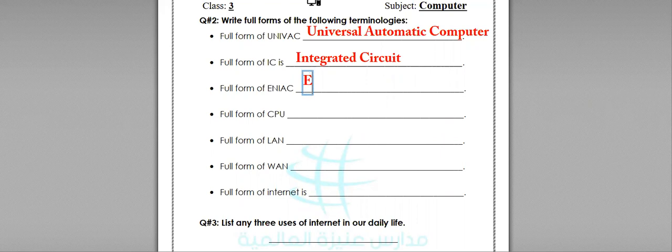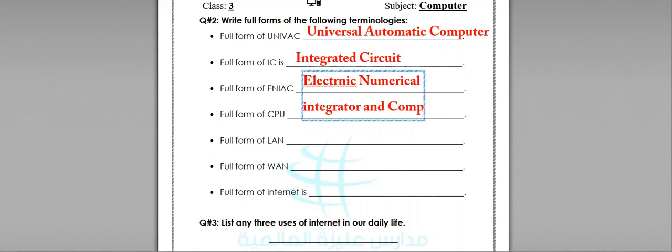E stands for electronic, N for numerical, I stands for integrator, A stands for and, and C stands for computer.